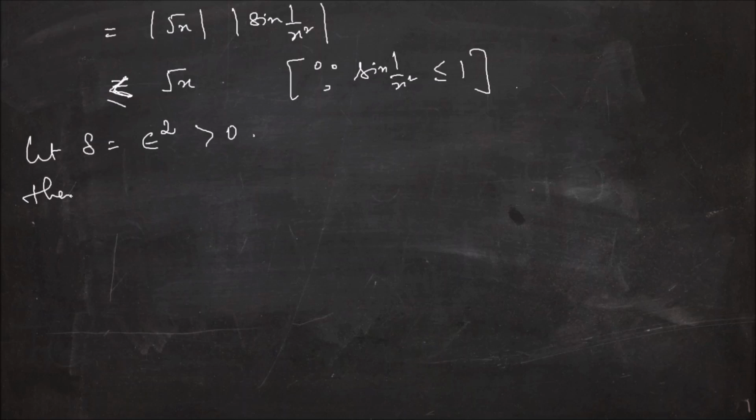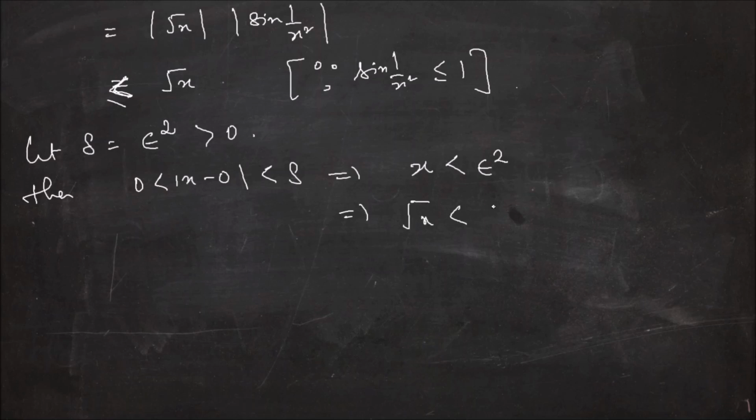Then 0 < |x - 0| < delta implies, because x is given to be positive, I can take this modulus out. So x is less than epsilon square, and this implies root x is less than epsilon. I can take the square root because both are positive, so the inequality is not reversed, so we can take this square root on both sides.